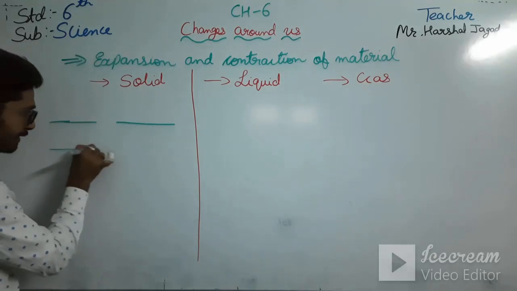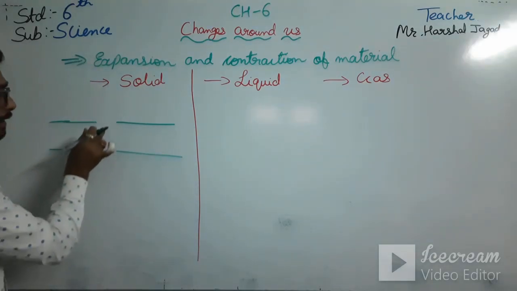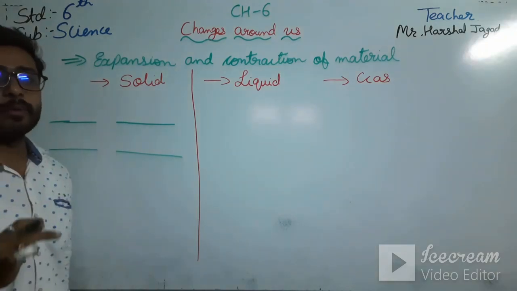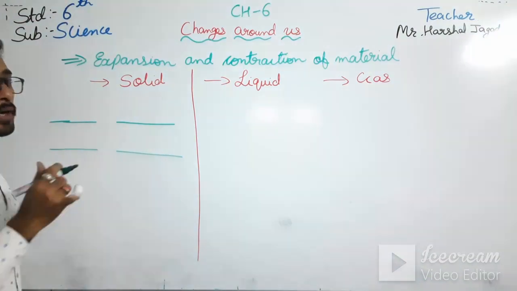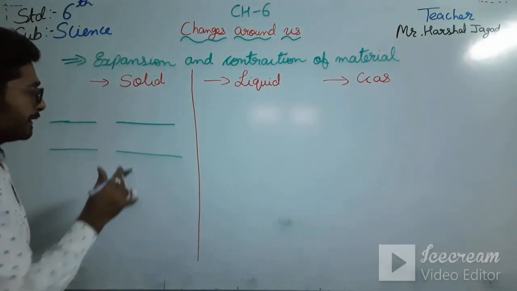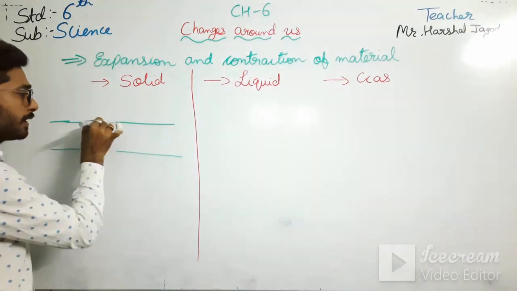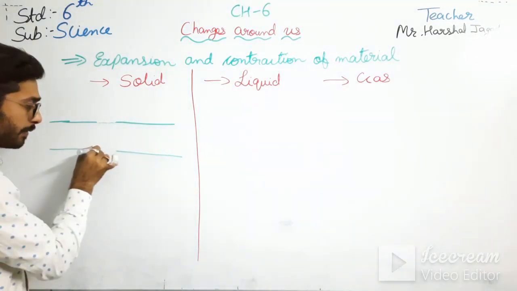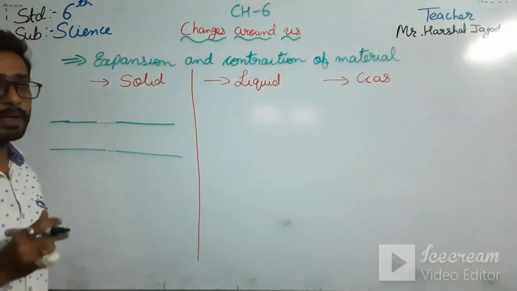If the gap is not there, then due to the heat in the summer the rail will expand, from this side and from this side also.